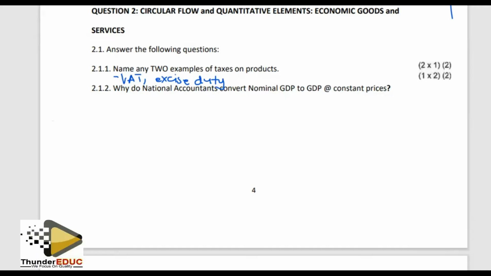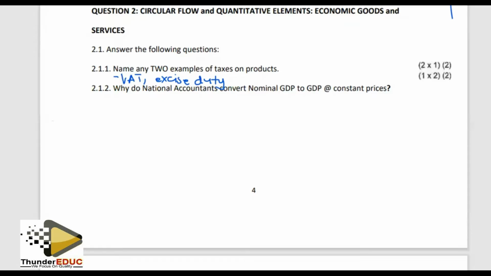Why do national accounts convert nominal GDP to GDP at a constant price? Remember, nominal GDP has prices that are not adjusted. They are just current prices. GDP at current prices is affected by inflation.